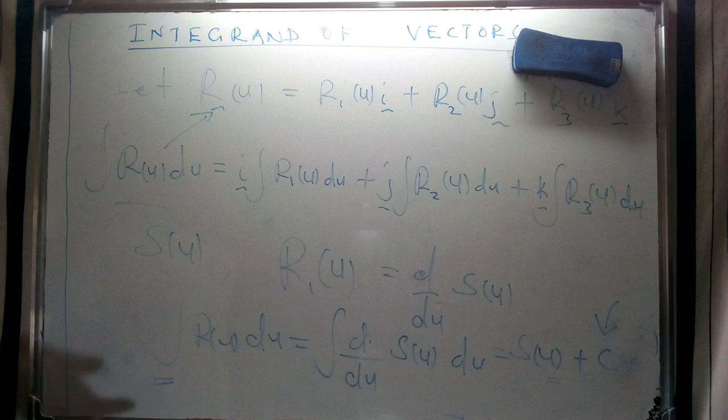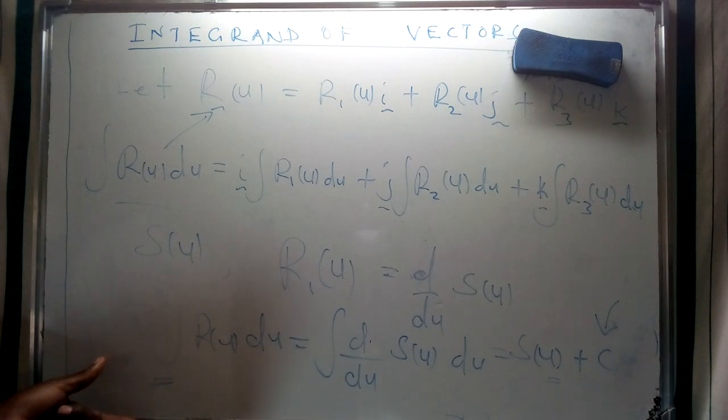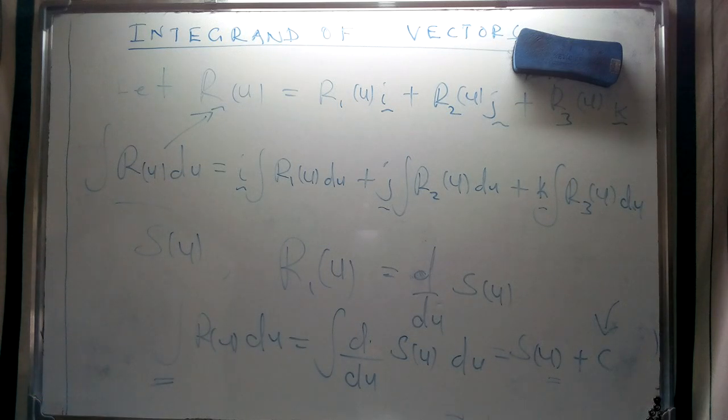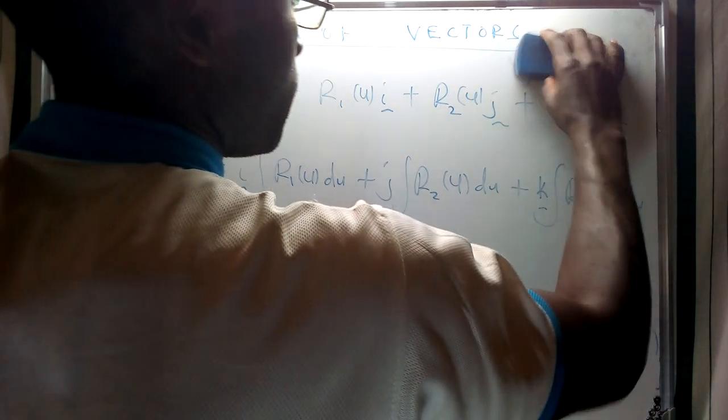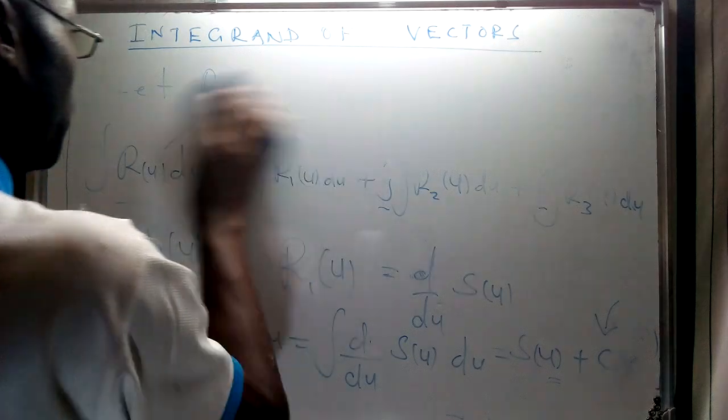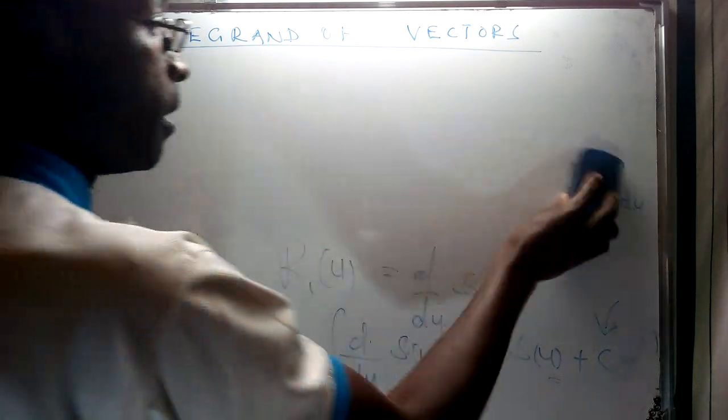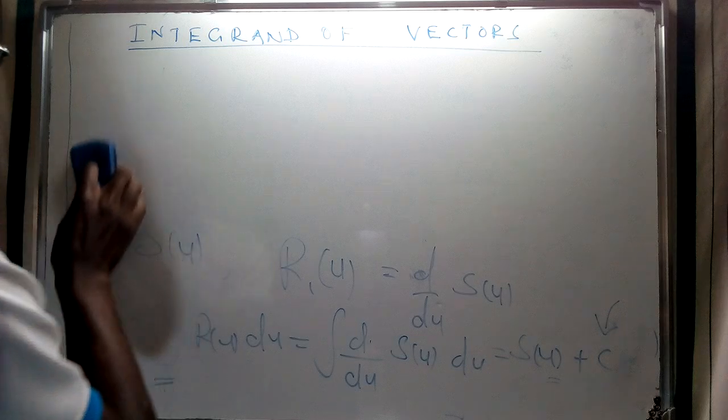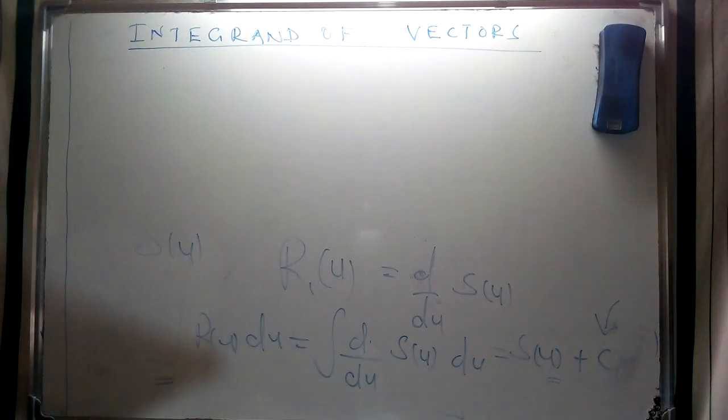Now in our discussion of definite integrals, we say that definite integrals are the integrals which have what we call the upper and lower limits of integration, and we can give a specific form of this definite integral in terms of the integrals of vectors which we have given in a general form.